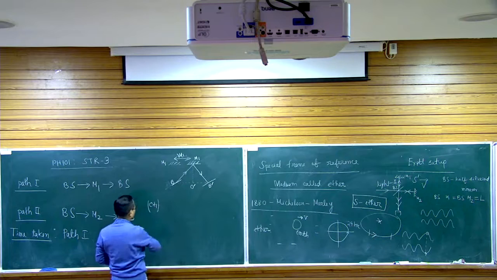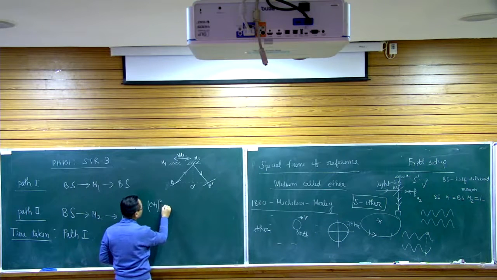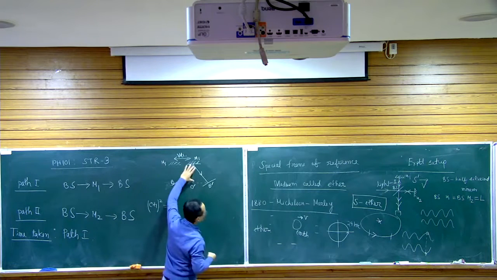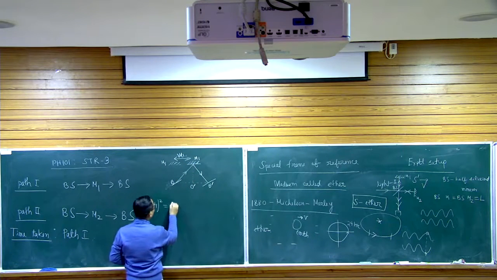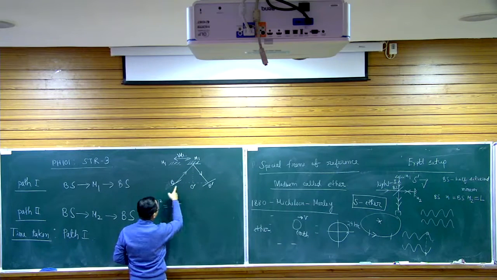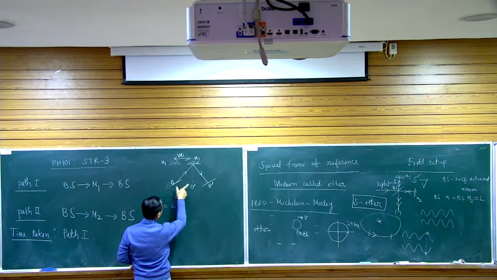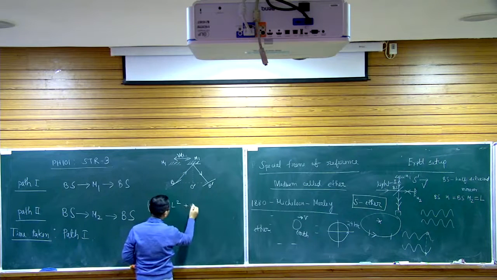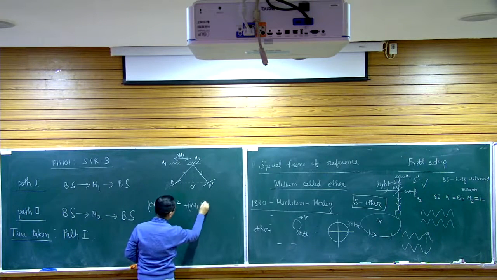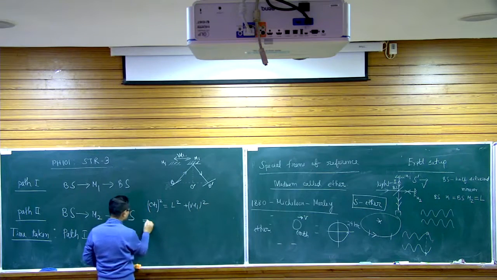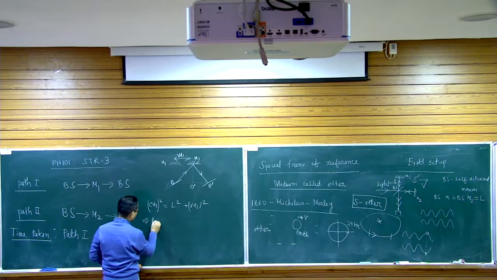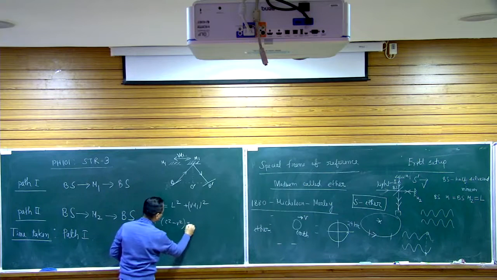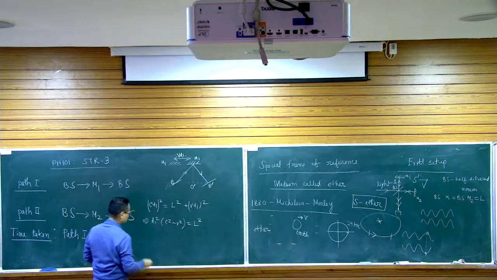According to the Pythagoras theorem, CT1 square is equal to L square plus VT1 square, where we have already assumed this distance to be L and this distance I have already defined as VT1. So that gives me T1 square times C square minus V square equal to L square.